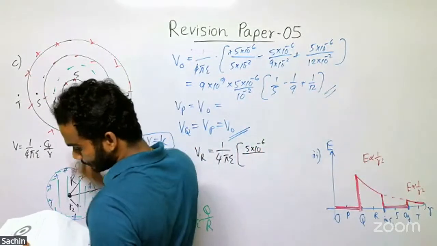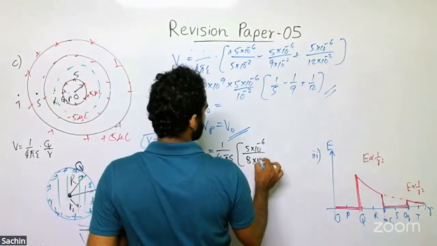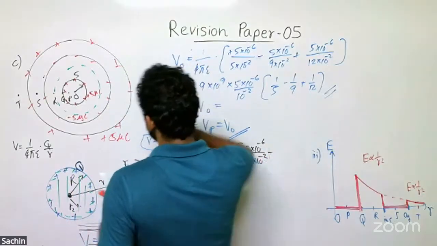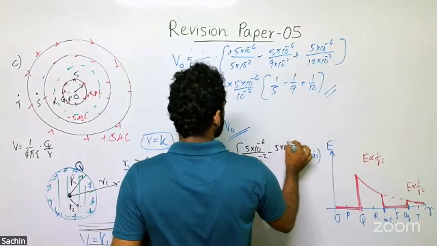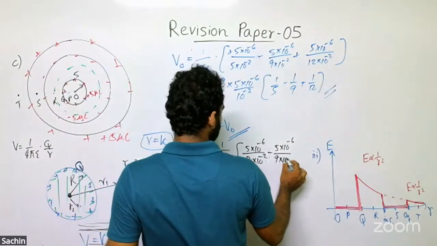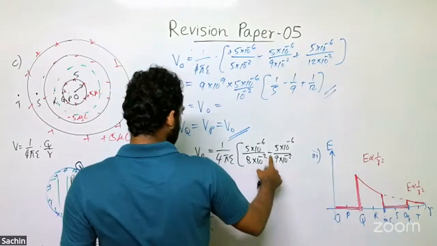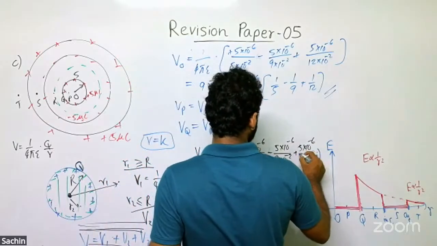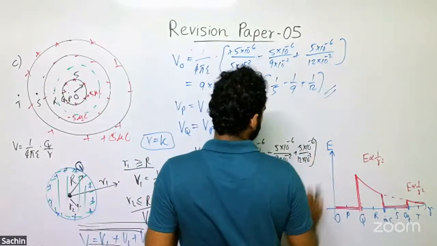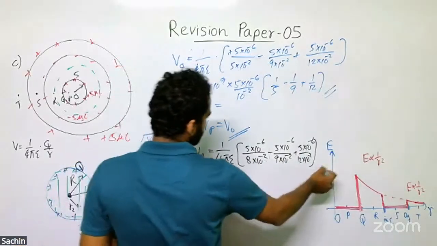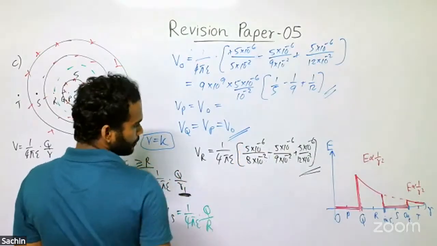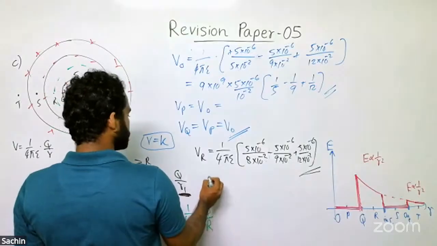So what is the distance? 8 centimeters, 8 times 10 to the power minus 2, plus, sorry, minus, there's a minus charge there, minus 1 times 10 to the power minus 6, divided by the distance, and the other two are outside, so take the distance to the surface, 9 cm for one and the other for the next. Then you have to solve this. I'm not going to solve this. Again, you can take this 5 times 10 to the power minus 6 out, as well as minus 2 from the denominator. So VR is also done.